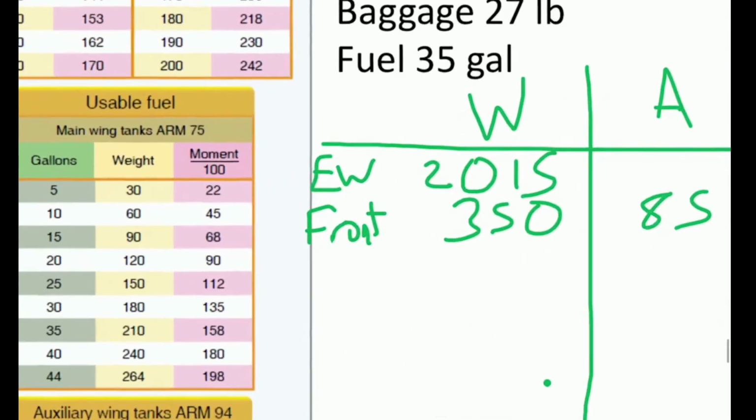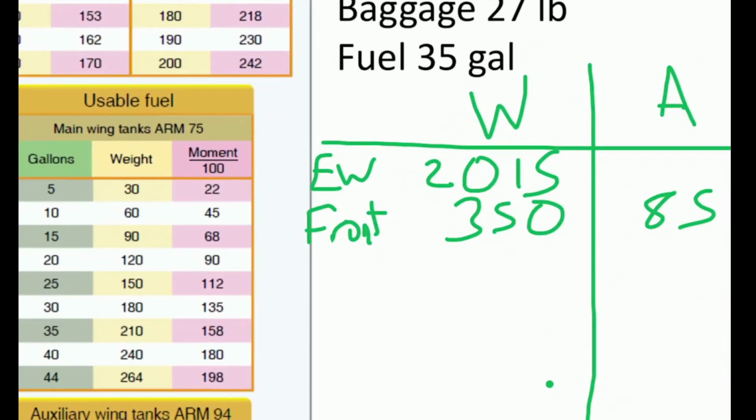Before I get the moment, we'll go ahead and get the rest of the data. Backseat occupants, 325.